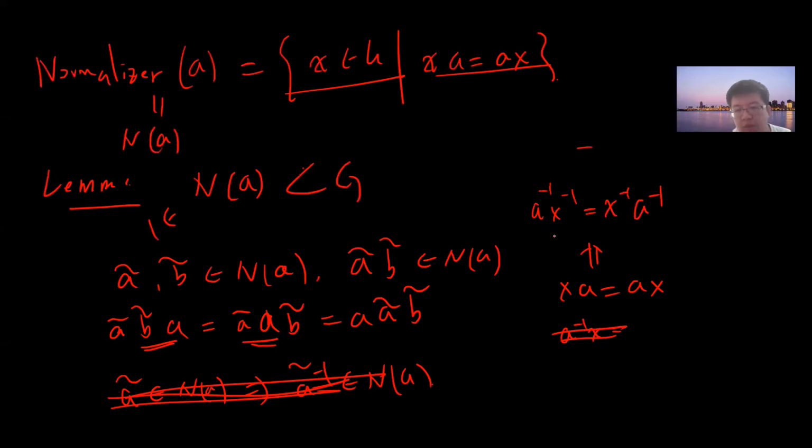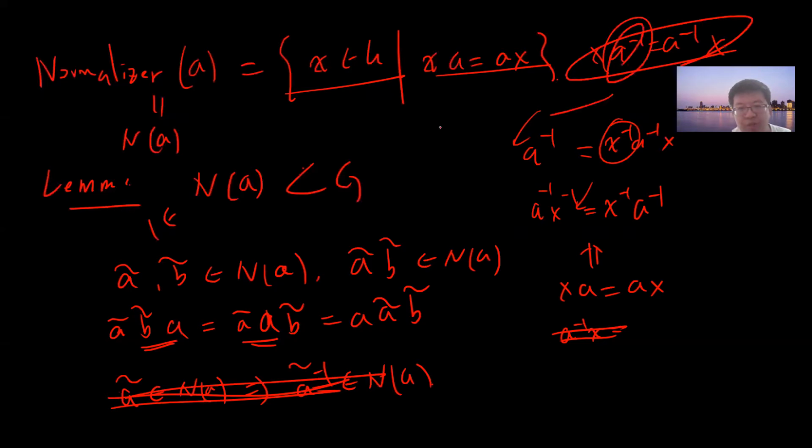But you multiply by X from this side, so you get X A inverse X inverse... equals X inverse A inverse X, and you multiply by X inverse on this side, so you get X A inverse equals A inverse X. So A inverse belongs to the normalizer of A. This tells you that N of A is a subgroup.